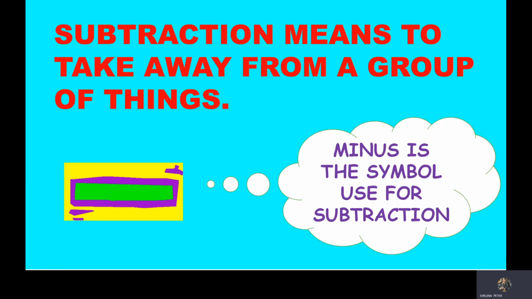Now remember, in subtraction we always use this symbol, and we have already learned that in addition we use the plus symbol. So whenever you see this symbol, that means we have to do subtraction.